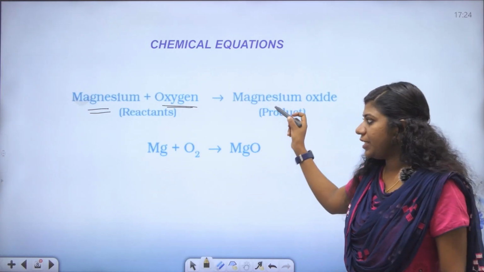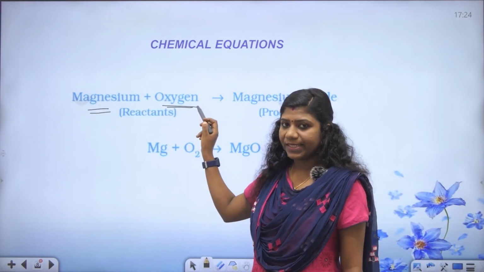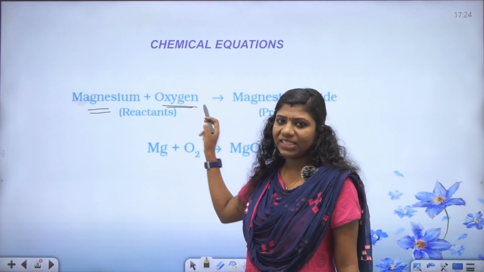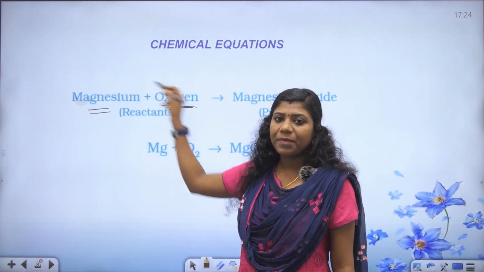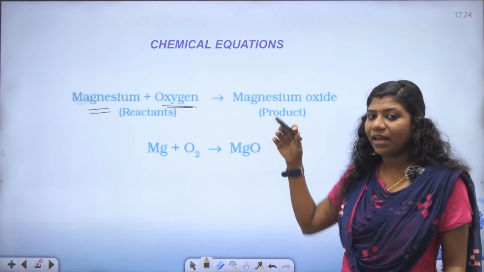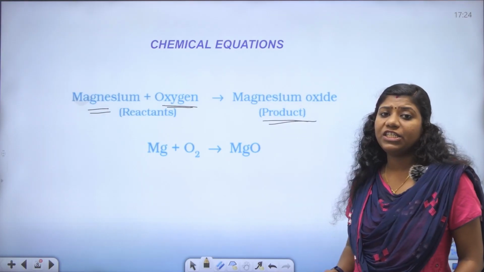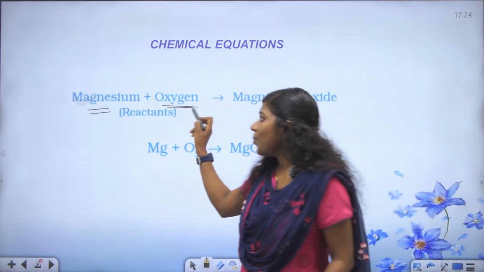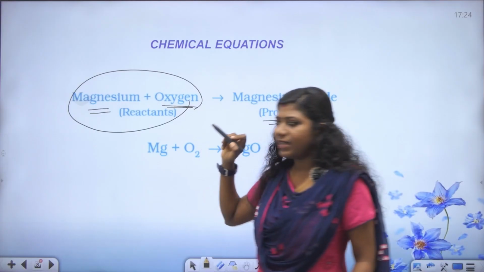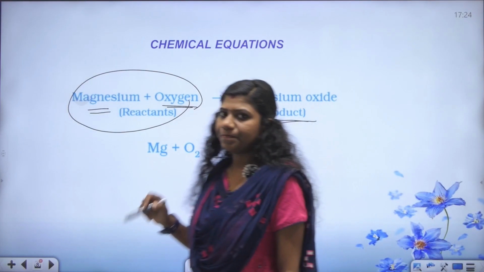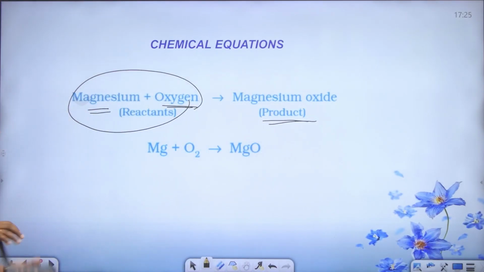Our word equation is magnesium plus oxygen gives magnesium oxide. Magnesium and oxygen are reactants. They react to form a product. Magnesium oxide is the product. Is it clear? Magnesium and oxygen are reactants and magnesium oxide is the product.